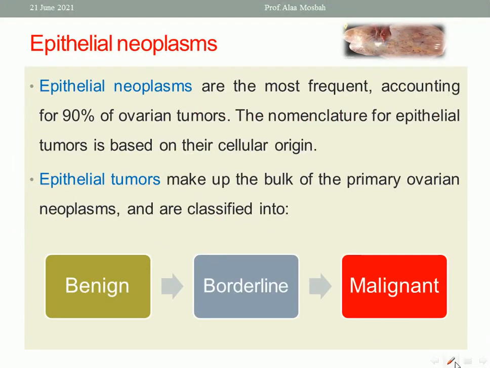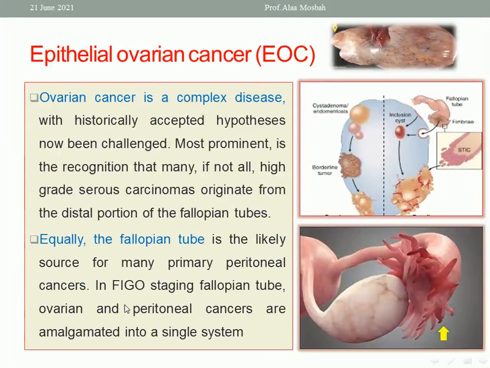So, epithelial neoplasm is the most frequent, constituting 90% of the ovarian tumors. The nomenclature for epithelial tumor is based on the cellular origin. Epithelial tumors make up the bulk of the ovarian neoplasms and could be benign, borderline, and malignant.